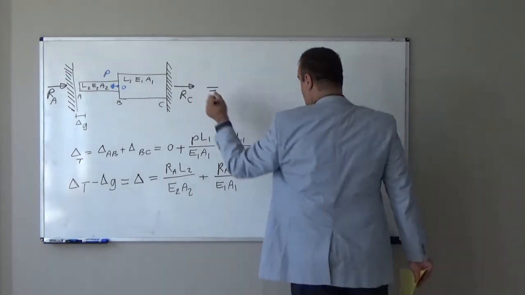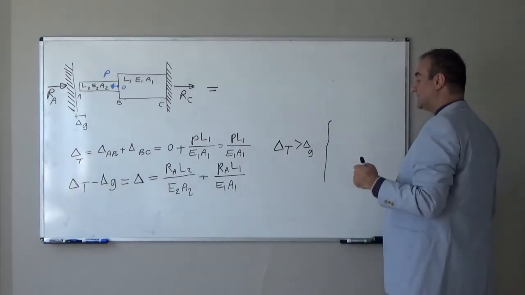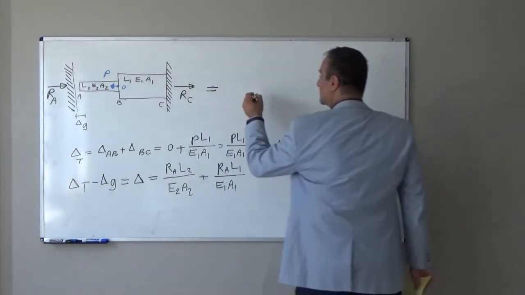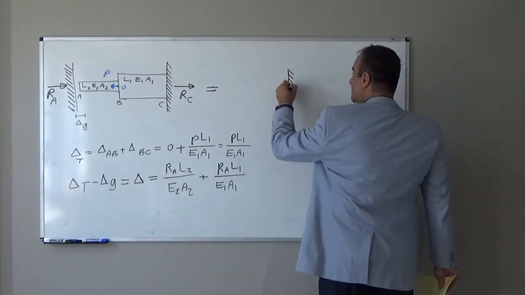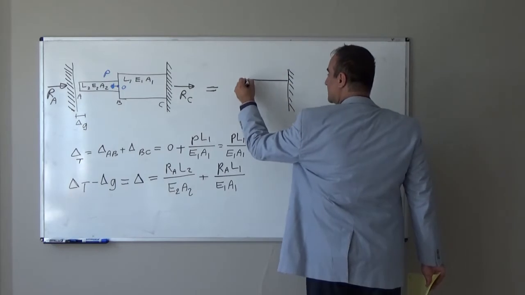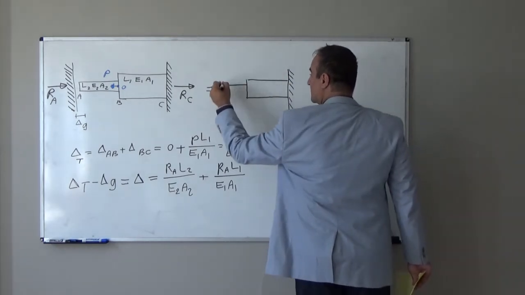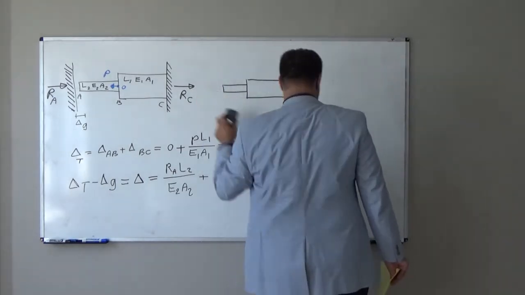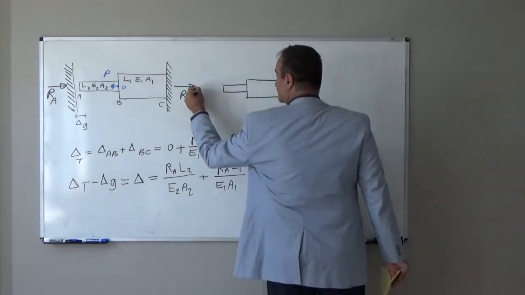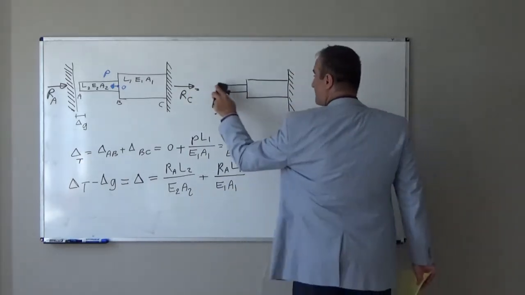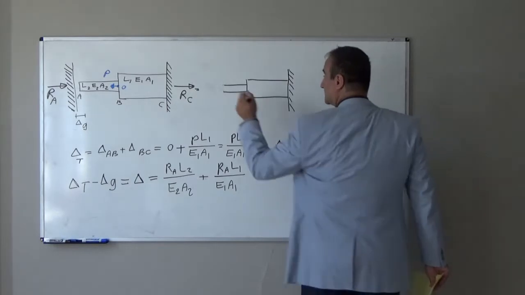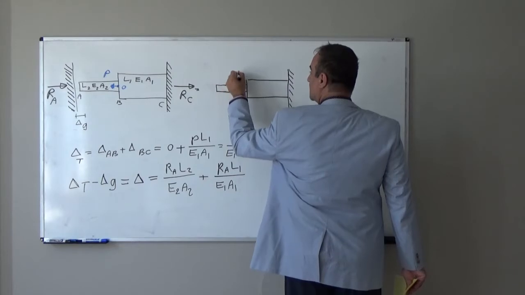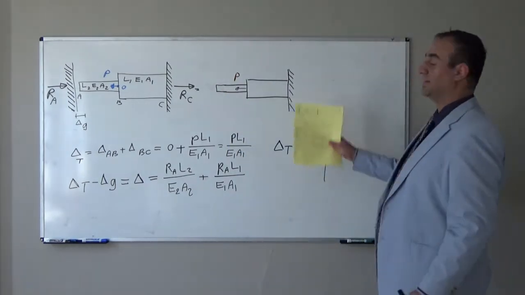Once the total deformation is bigger than delta gap, in order to calculate the reaction, I assumed first that I don't have a support over there, and I have this system where the end is free, something like this. And we have external load P here.